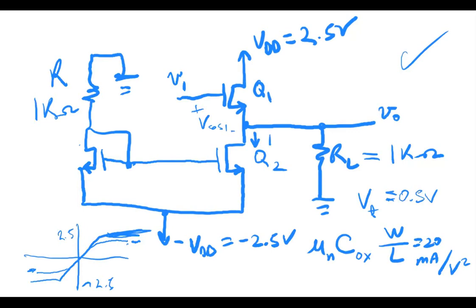So that's going to be that current. So let's write the equation, and this is just straight out of the drain current of an N-channel MOSFET operating in the saturation region.